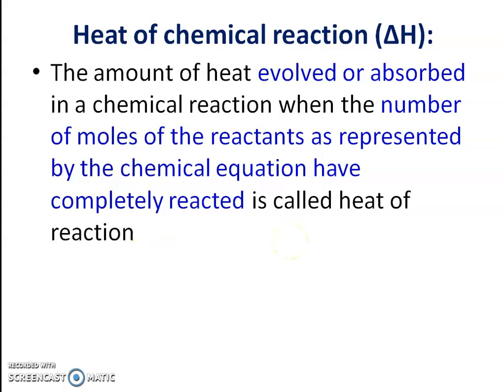During a chemical reaction, reactants are converted into products, and the enthalpy change associated with the process where reactants completely react and form the products is the heat of chemical reaction.